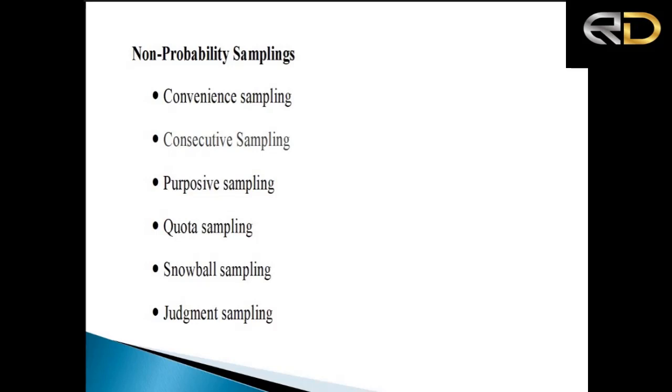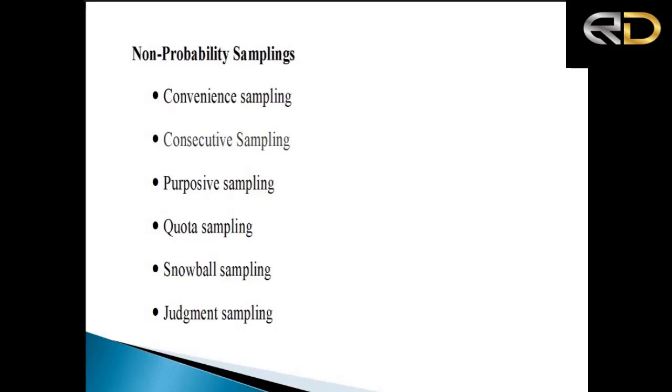And consecutive sampling is one step ahead of convenience sampling, where we get the observation on the convenience sample and the addition to that. And in purposive sampling, units are selected into the sample according to our purpose.